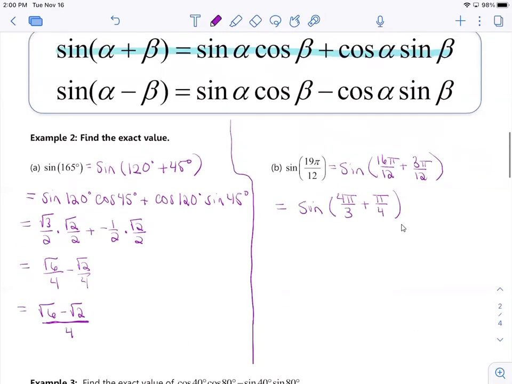I'm always going to refer to that beautiful identity that will be given to me. So it looks like I do sine of alpha times cosine of beta plus cosine of alpha times sine of beta.